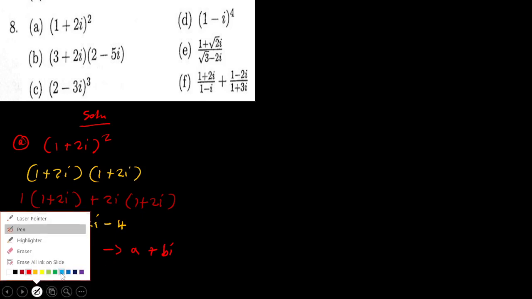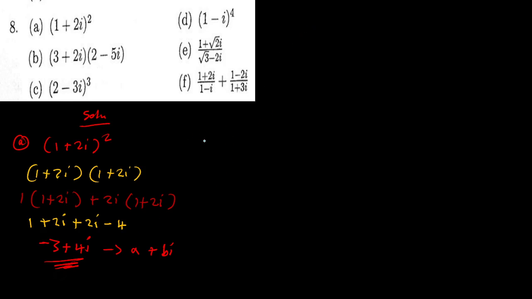From here, I can easily move on and look at B. For B, I've been given open bracket 3 plus 2i close bracket, and then you have 2 minus 5i. Ladies and gentlemen, since I expanded earlier and showed you how to do it, at this particular point I'll just be going direct.